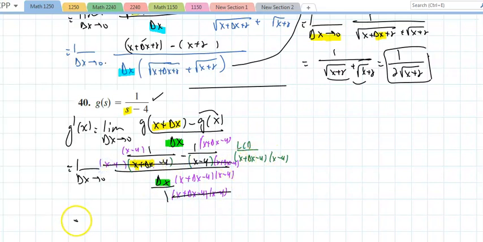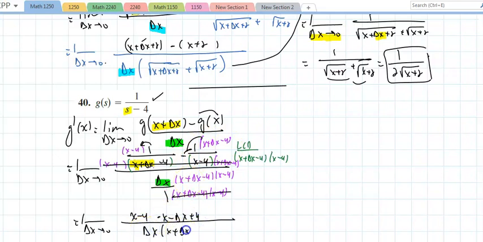And you just read the top. Meaning, you transform the complex fraction into a single fraction. 1 times x minus 4 is x minus 4. Negative 1 multiplied changes all the signs, so you distribute negative x, negative delta x, and a plus 4. And the denominator, I'm going to copy all of that mess.